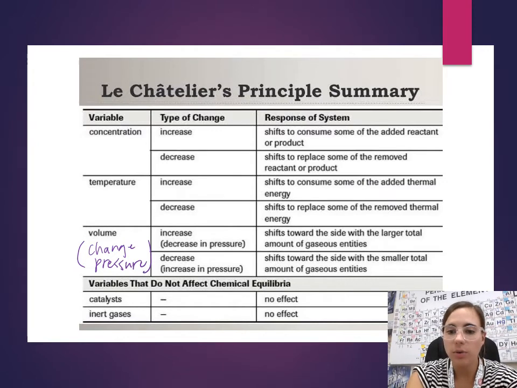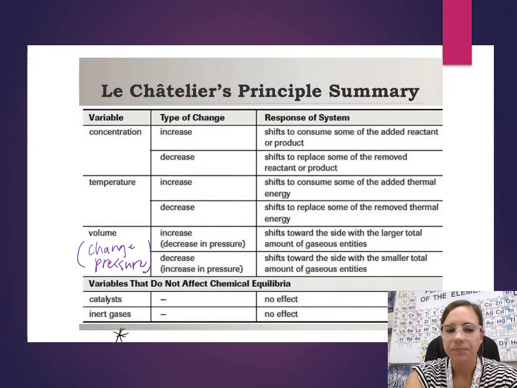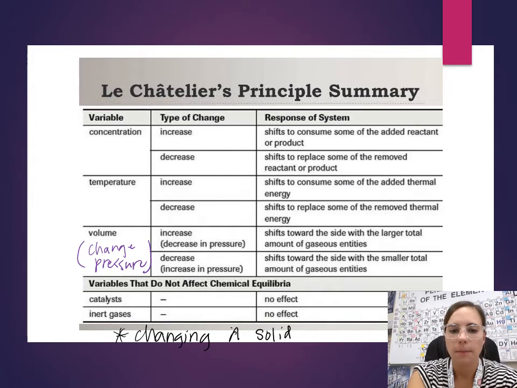Something else that we could put right here is variables or things that don't affect the chemical equilibria. We could say changing a solid or liquid, because those don't appear in the equilibrium expression.